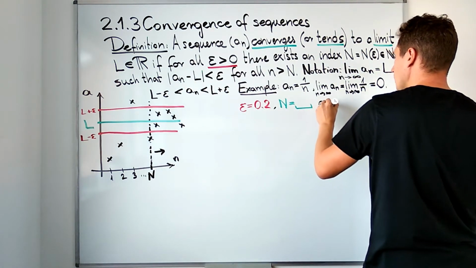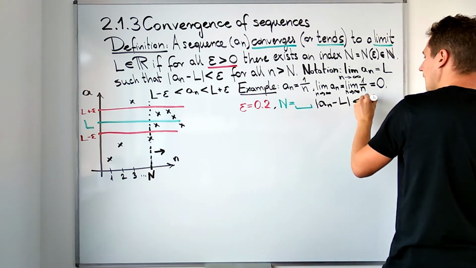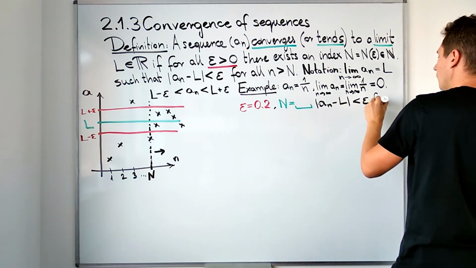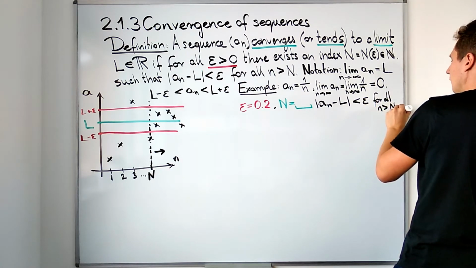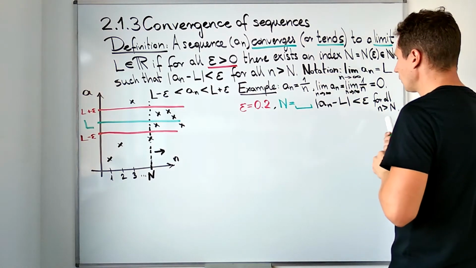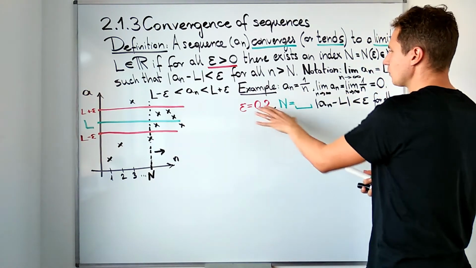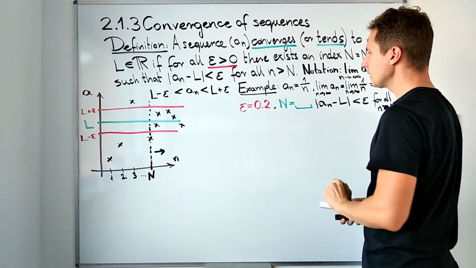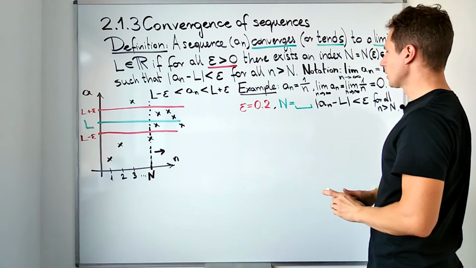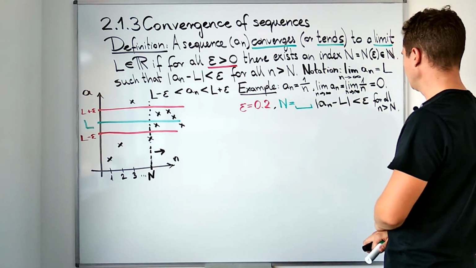So after which a_n gets closer to L than epsilon for all indices little n greater than capital N. Okay, so again, I want you to pause the video and think about this particular example with epsilon being 0.2. Find this index after which a_n gets closer to its limit than epsilon.